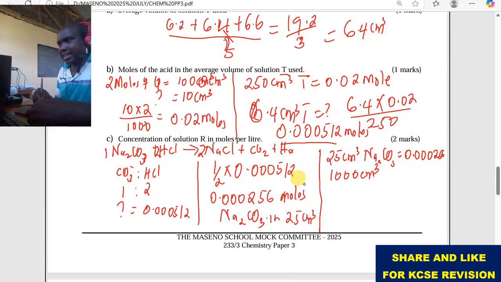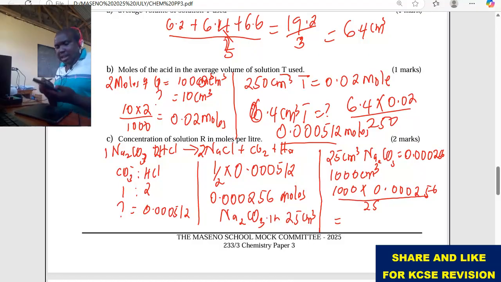Because molarity is in 1000. So it is 1000 times 0.000256, divided by 25, and you get your answer in molarity.